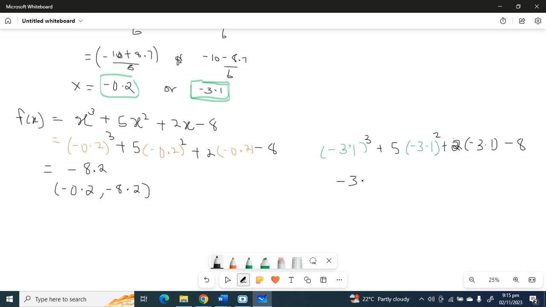So negative 3.1 and 4. Okay, so these are the coordinates of the stationary points, right?